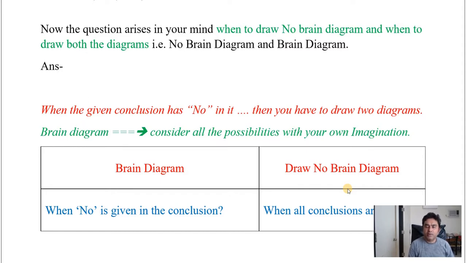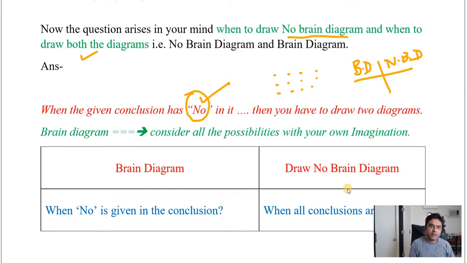So remember, when in the given conclusion no is written somewhere, the moment no is written, then you have to make both the diagrams, brain diagram and non-brain diagram. But if in the conclusion nowhere there is a negative conclusion, then you have to draw only non-brain diagram.